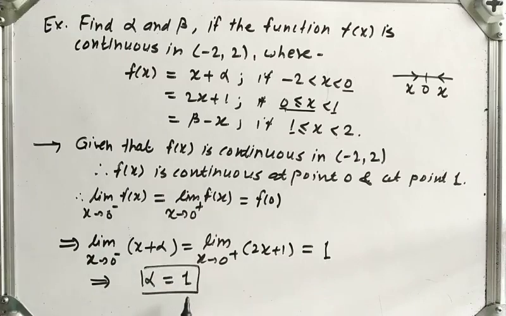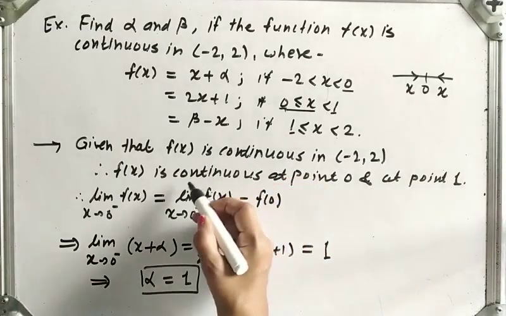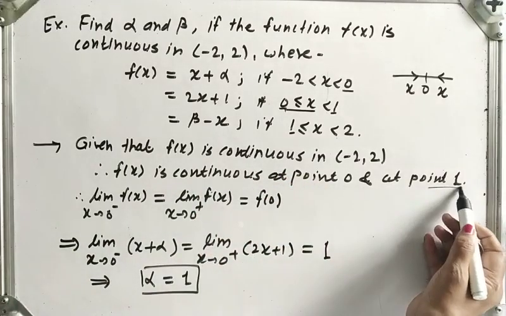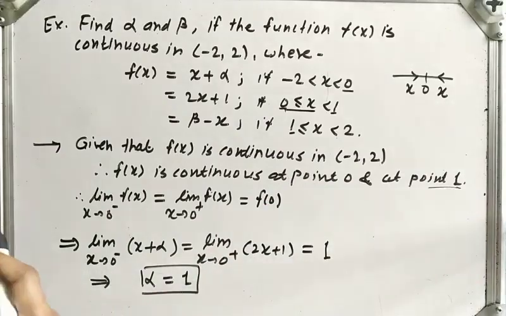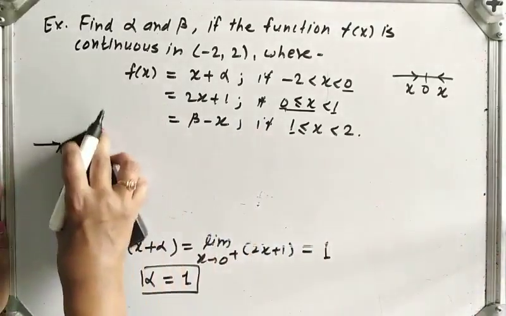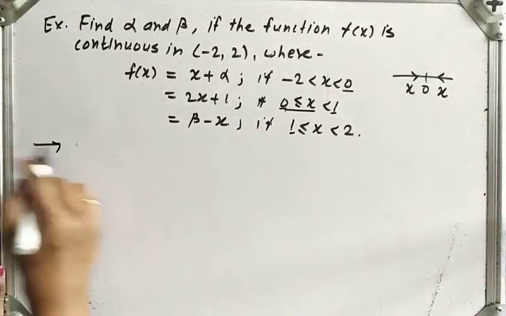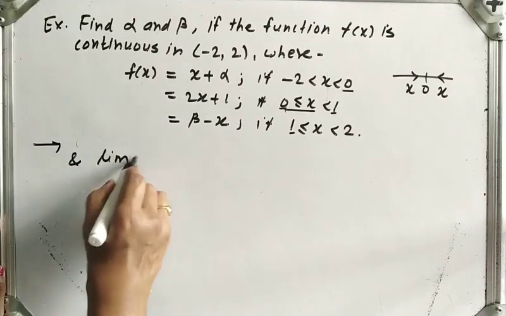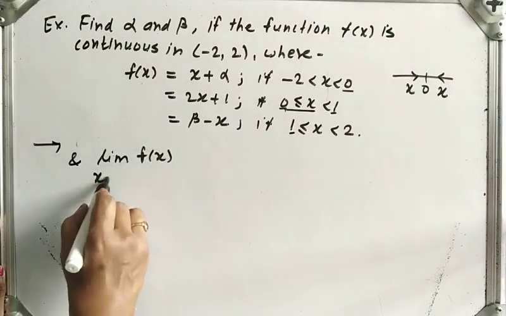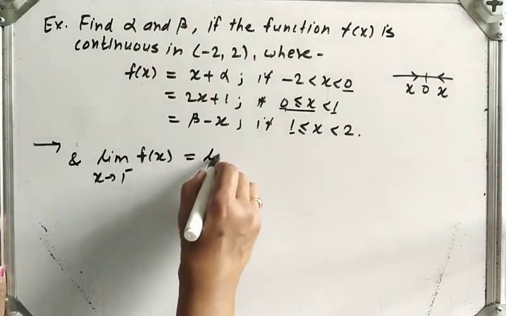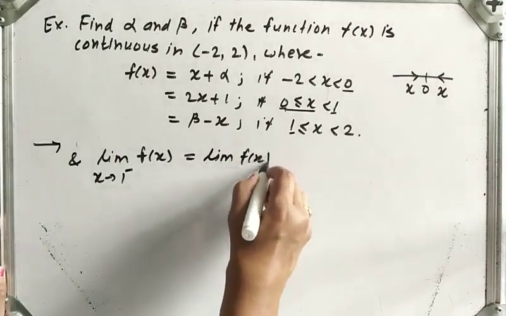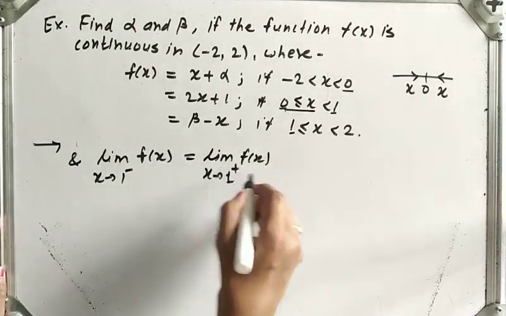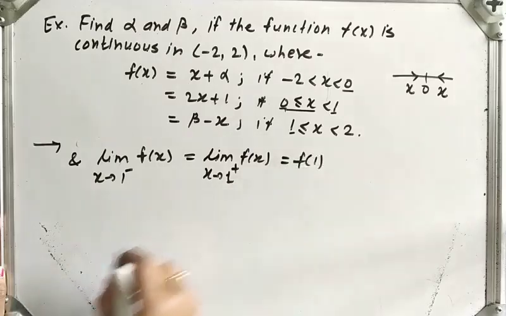Okay, next to find the value of beta. Again, what is given? From this we get that function f(x) is continuous at point 1. So next we will write limit of f(x) as x tends to 1 minus is equal to limit of f(x) as x tends to 1 plus is equal to f(1).